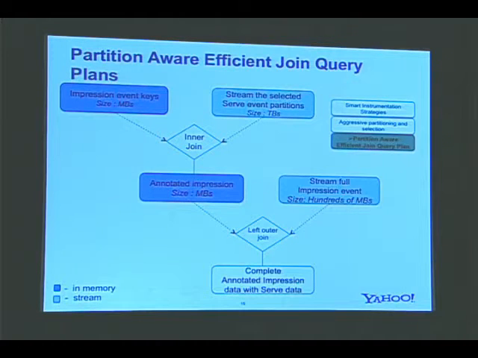And since we are able to stream the complete impression event, we can do a left outer join on the impression. Because in a replicated join scenario, if something is in memory, you cannot do an outer join on that data set because you don't know which other replicated instance will get the record that it's looking for. This is how we do the complete annotation, and we finally get the annotated impression.